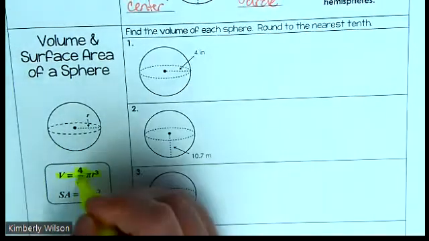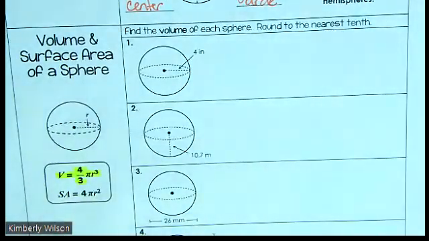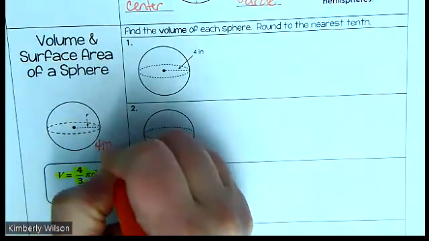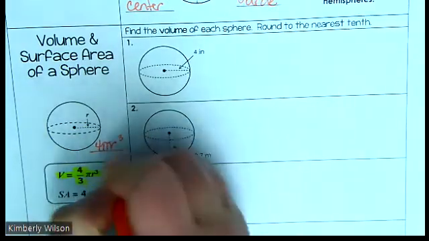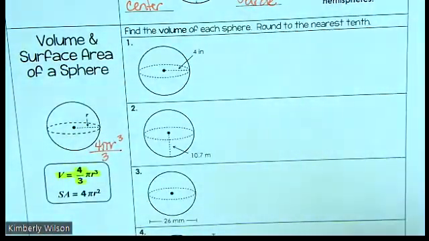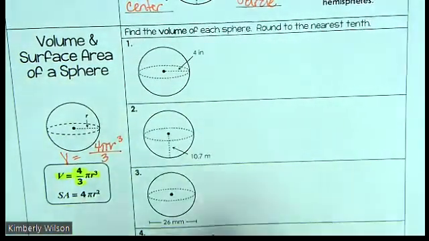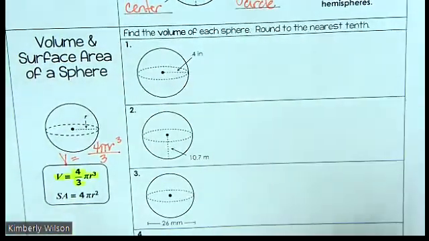In all honesty, guys, I don't use that formula. The one that I prefer is 4 pi r cubed all divided by 3. I like this one better, but it's your choice. This is the one that I will use.